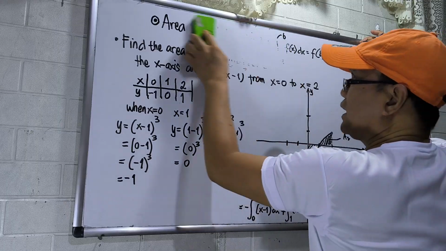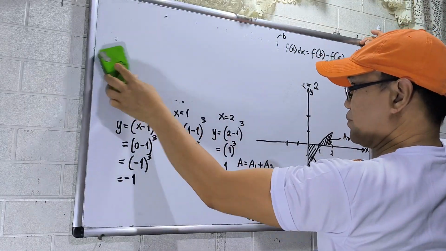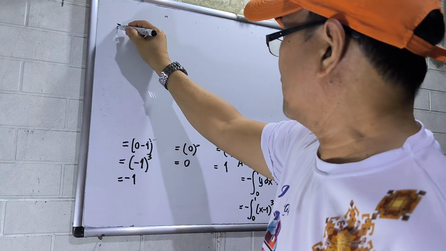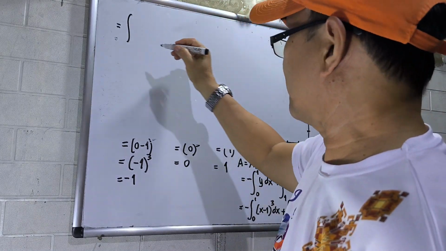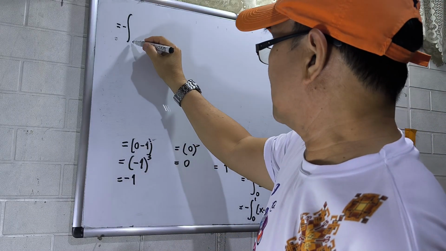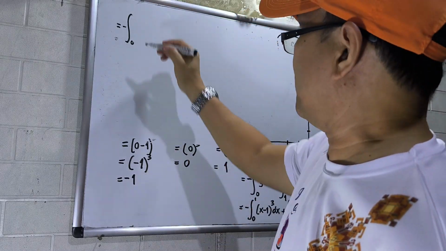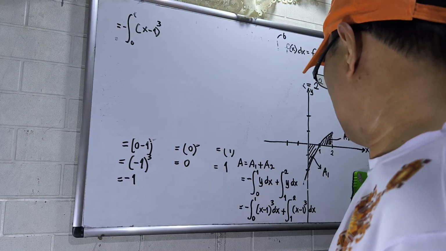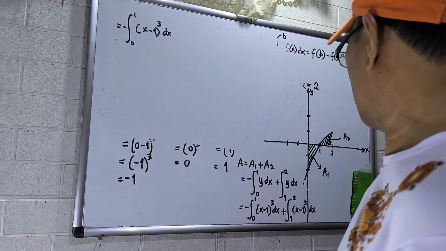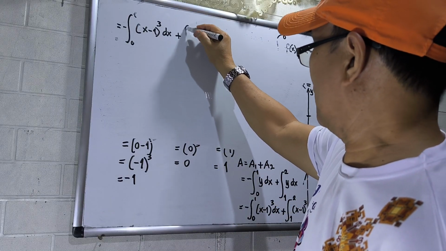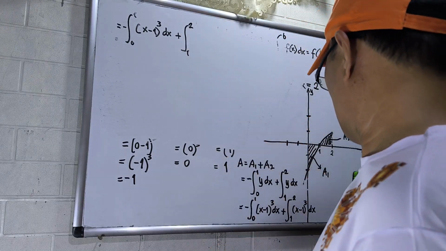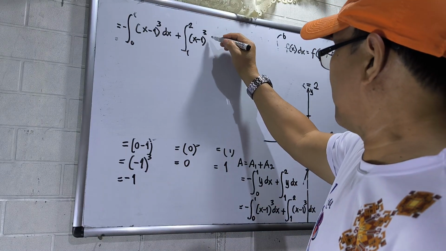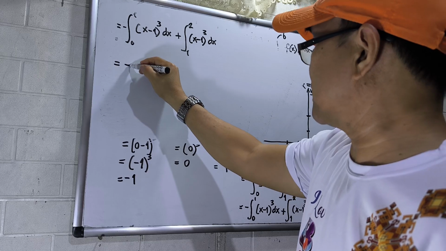Okay, allow me to erase in here at the top. Further solution. So I have negative integral from 0 to 1 of (x minus 1) to the power of 3 dx, then plus integral from 1 to 2 of (x minus 1) to the third power dx. Okay, so integrate.